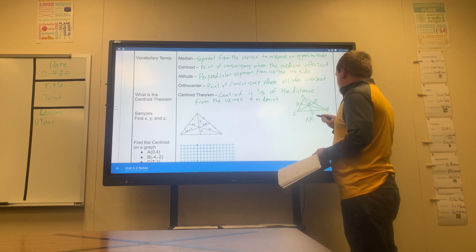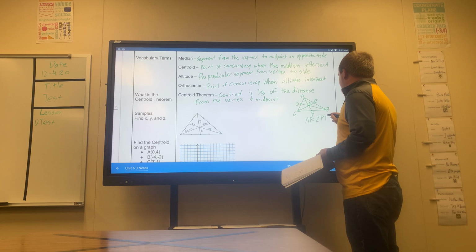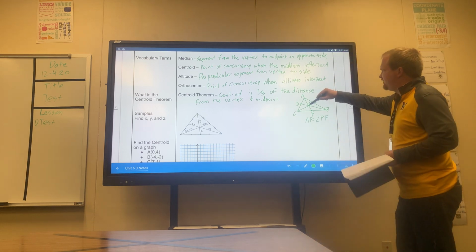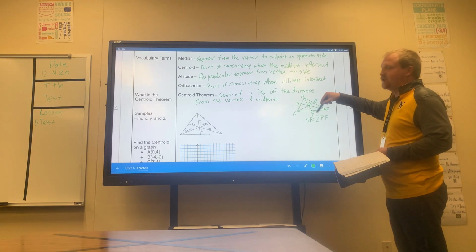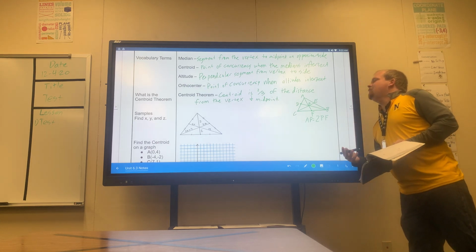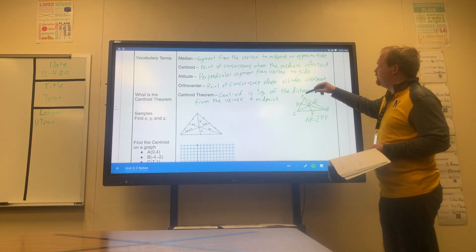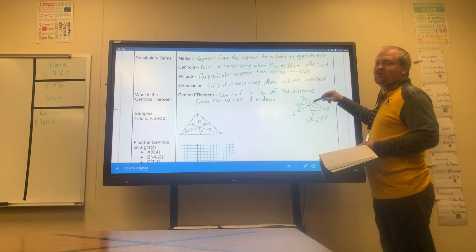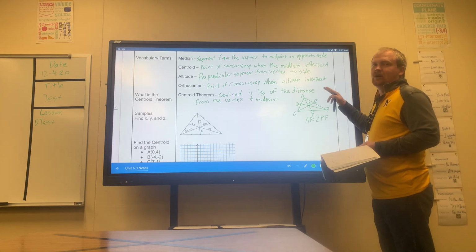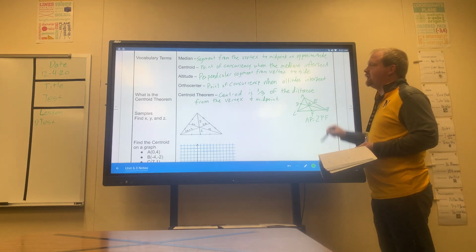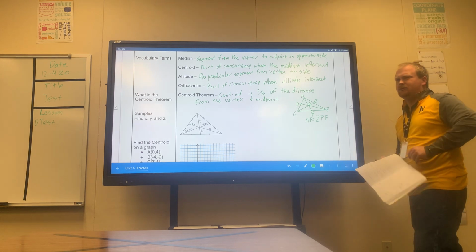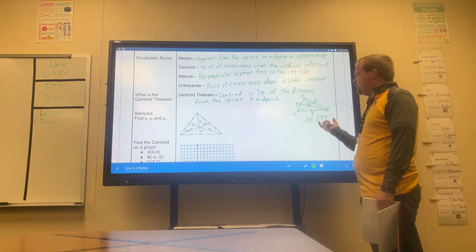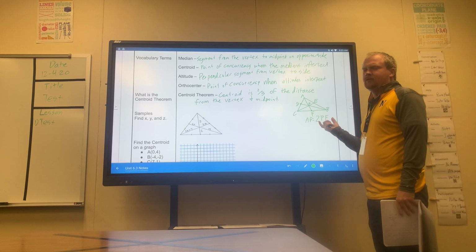AP is equal to 2 times PF. So this distance right here is double this length. What I have to keep in mind is that the distance from the vertex to the centroid is twice the distance from P to F. Some of you may be wondering, why are you putting 2 times PF if it's double?